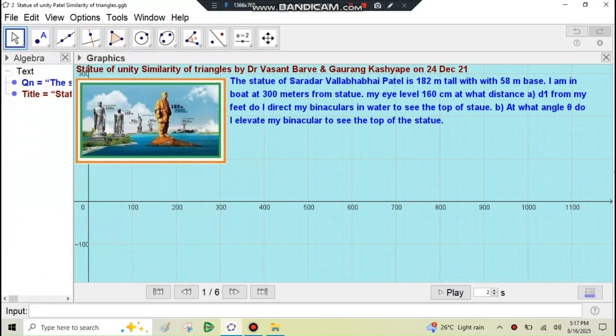Let us study one more problem of trigonometry application of 10th standard. I have chosen this problem or made this problem for Statue of Unity.